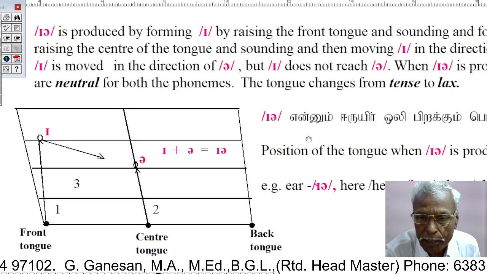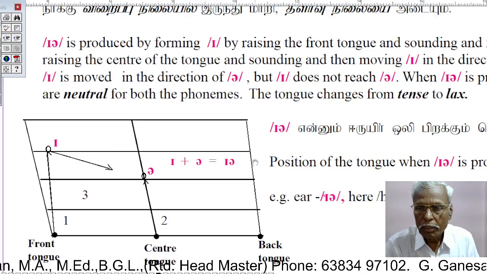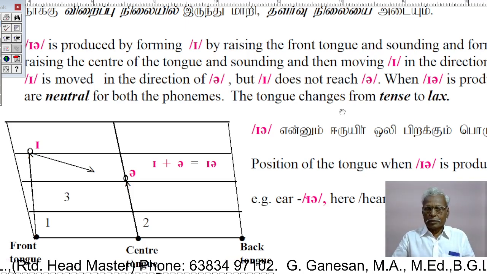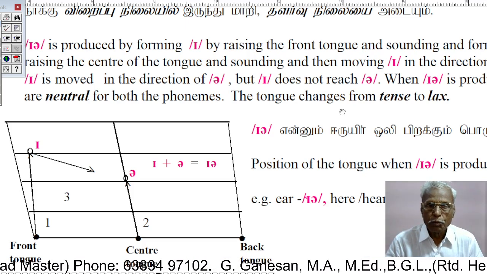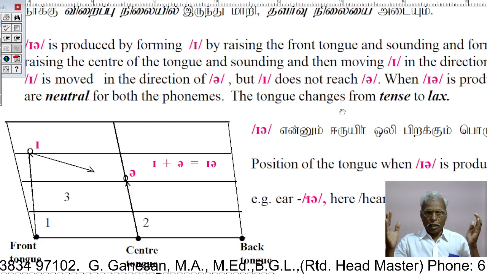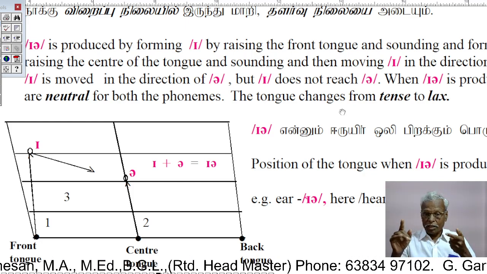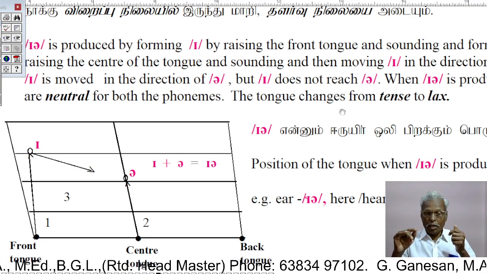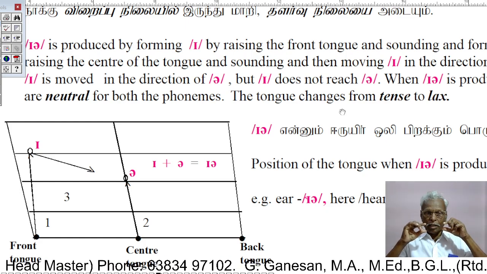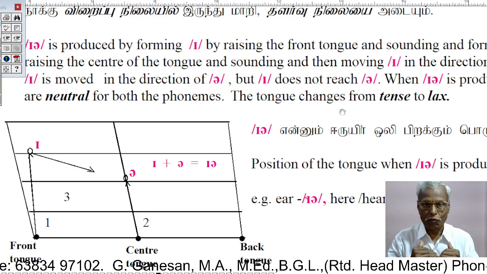Let us see the lips and tongue position. When ear is produced, the lips are neutral for both the phonemes.